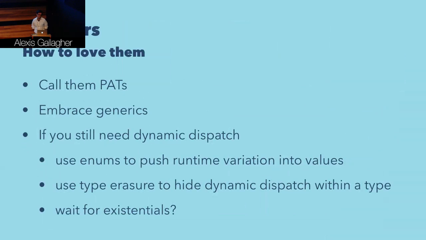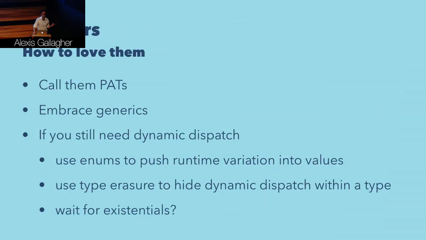But one option is, instead of relying on dynamic dispatch, use enums and push the runtime variation into the value level. So instead of having a type and then 5 different subtypes with dynamic dispatch picking the one you want, create an enum that has 5 different cases, and inside it you could have an embedded switch that switches between the different values that you want. Maybe that's a better way to model your situation to begin with.